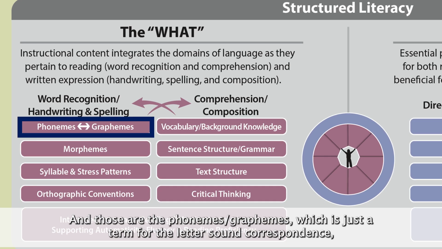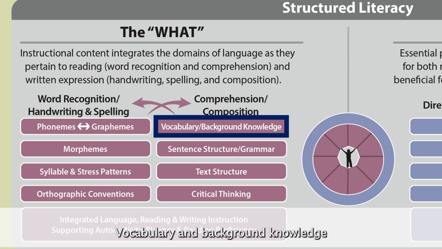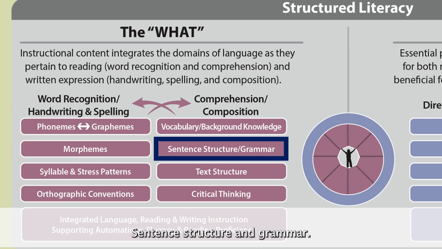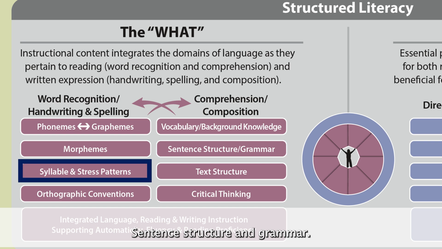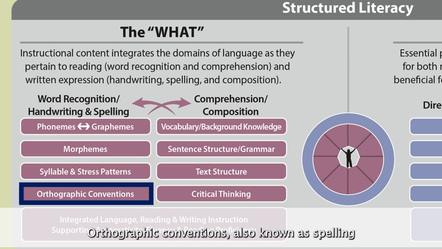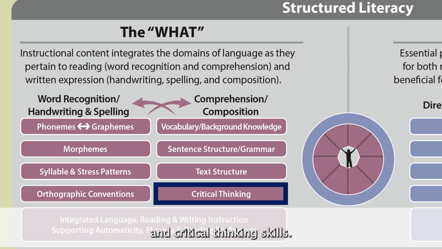And those are the phonemes, graphemes, which is just a fancy term for the letter-sound correspondence, vocabulary and background knowledge, morphemes, or the smallest unit of meaning in a word, sentence structure and grammar, syllable types, text structure, orthographic conventions, also known as spelling, and critical thinking skills.